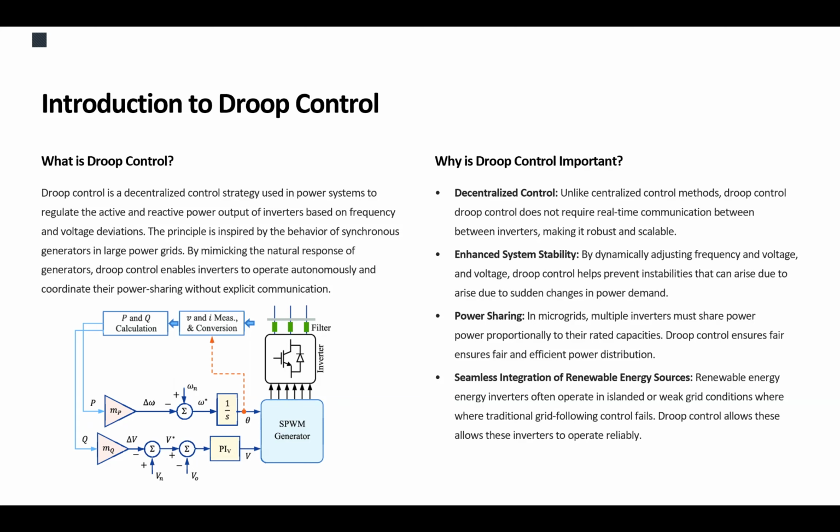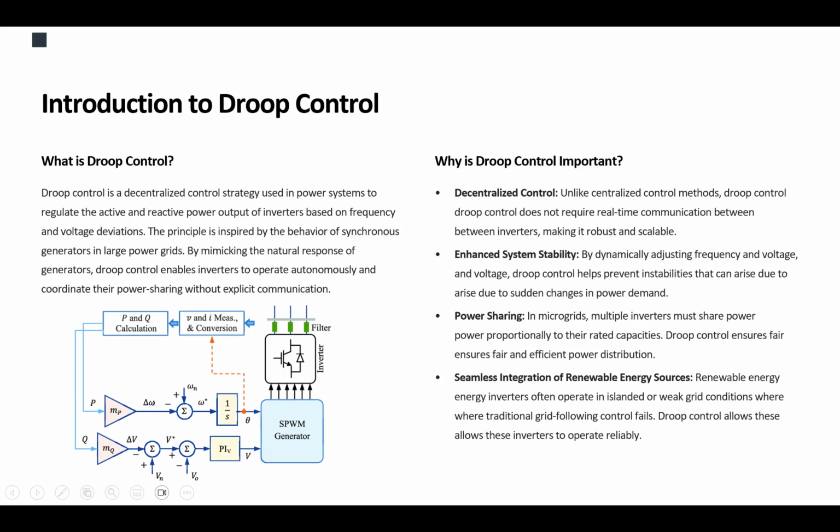So most of the grid forming inverters are going to be in three phase settings. That's why you would see most of the resources on the internet for a three phase inverter. But it is not that difficult to connect these two concepts, because those three-phase systems are basically just an extension of what you had as a single-phase system. Now, with that being said, let's dive into the Droop control.